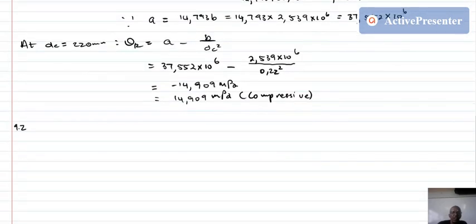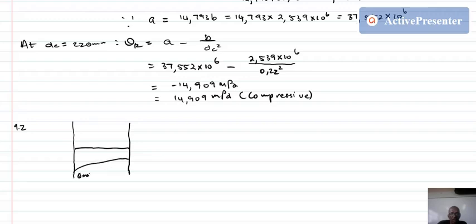Then we say that, okay, I still have the line of the outer. For the outer, what I have here is the hoop stress maximum, which is given as 90. Now I have my radial there as 0.